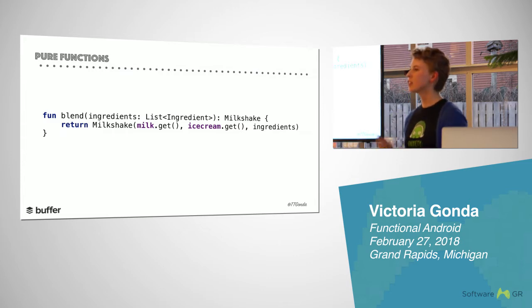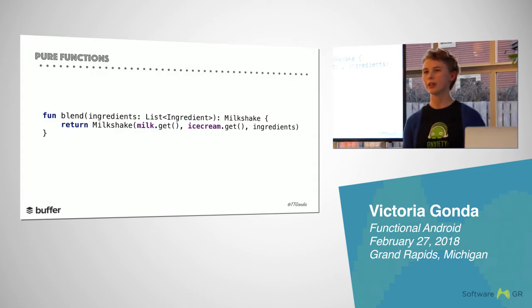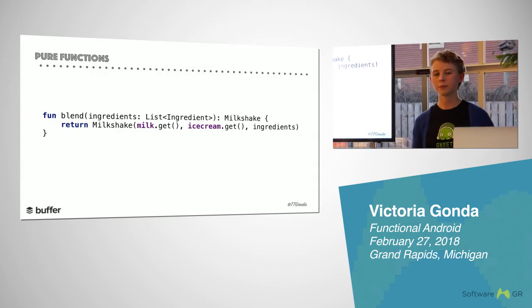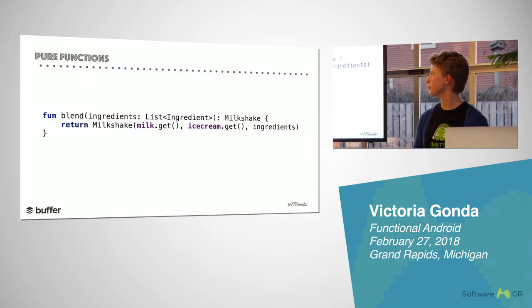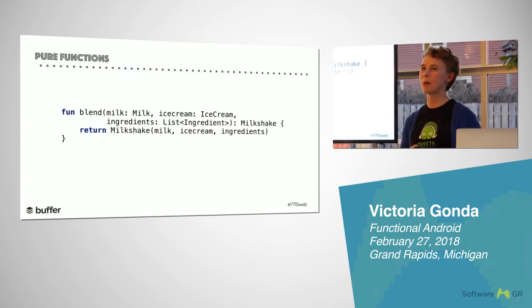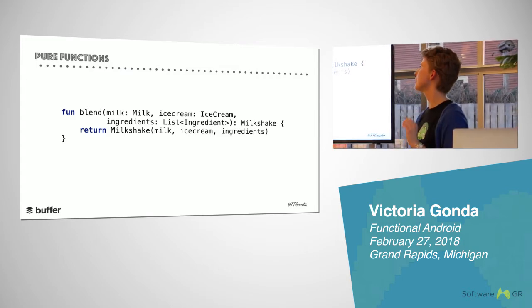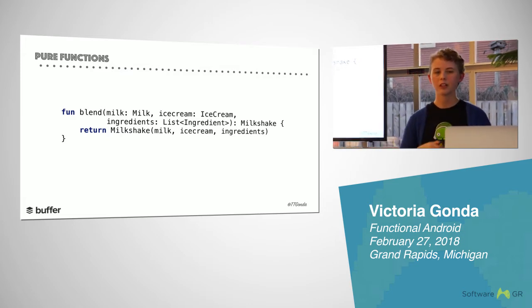So our function is not solely dependent on its inputs, and it could have a different output given the same inputs. So this is not a pure function. Let's see if we can make it pure. Now everything is passed in as a parameter. So we're passing in our milk and our ice cream and our ingredients.